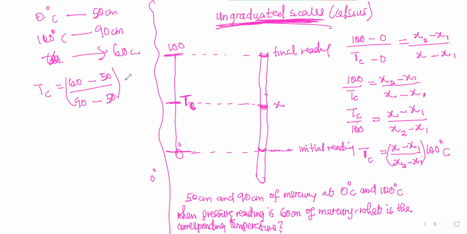This times 100 degrees Celsius. So we have 10 over 40, and the answer is 25 degrees Celsius.